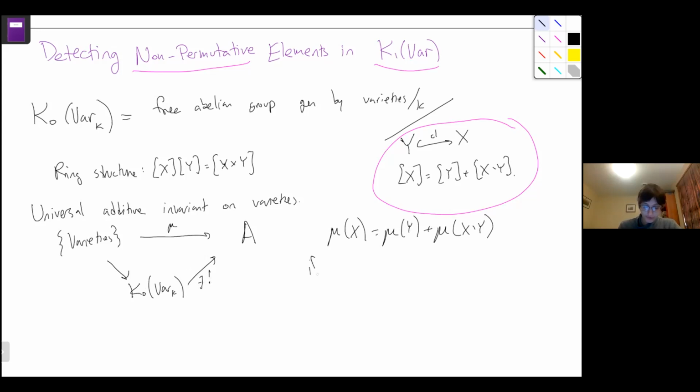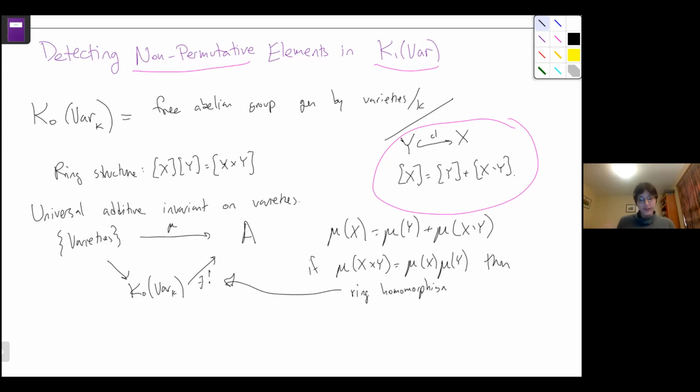And if mu is multiplicative, so if mu of X times Y is mu of X times mu of Y, then this will be a ring homomorphism. So if A was originally a ring as well, and it satisfies this, then this will be a ring homomorphism.